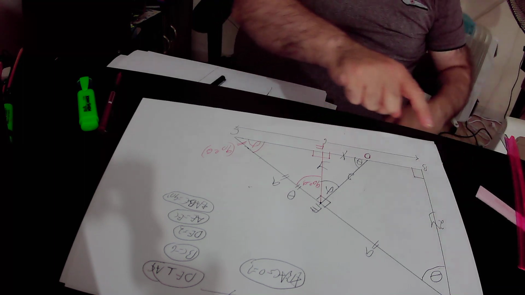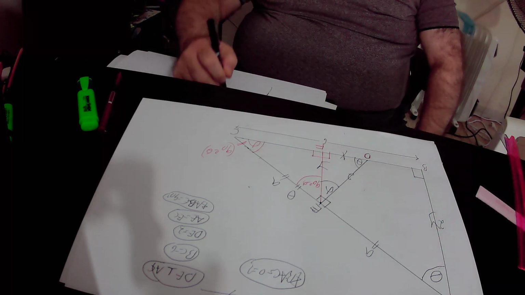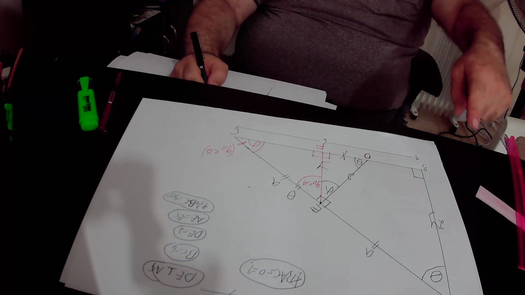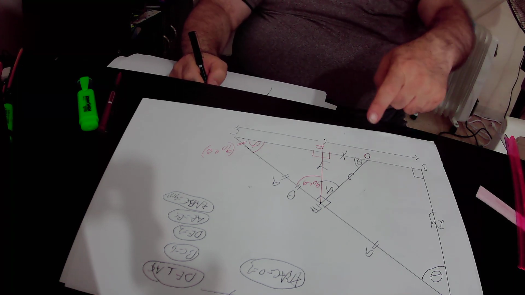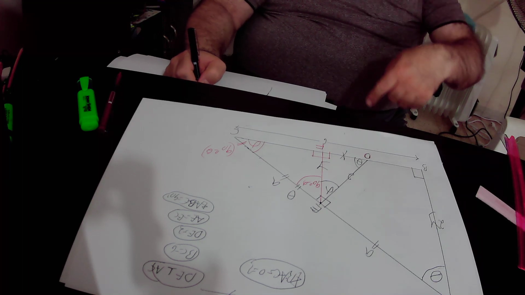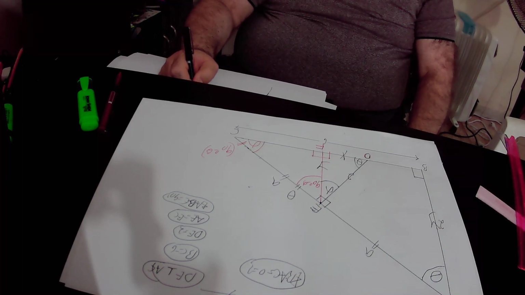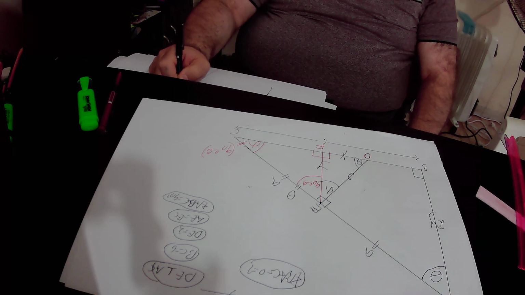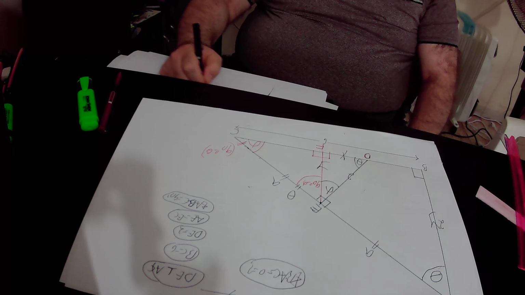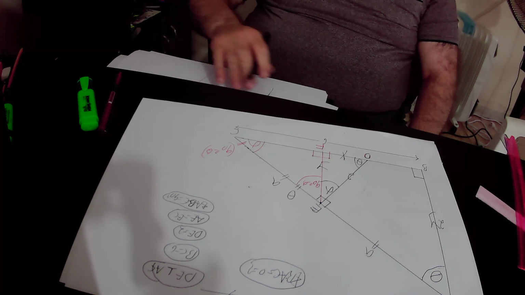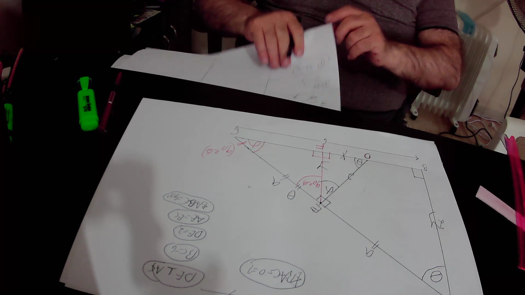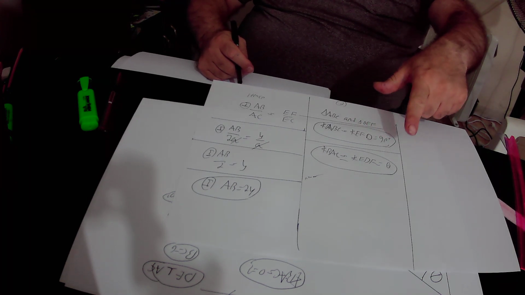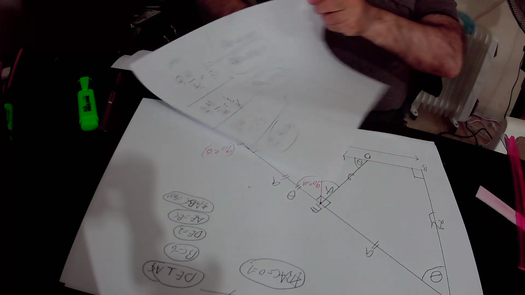So angle BAC of triangle ABC is equal to this angle, angle EDF, and both angles are equal to theta. I'll repeat again: angle BAC equals angle EDF, and both angles are equal to theta.